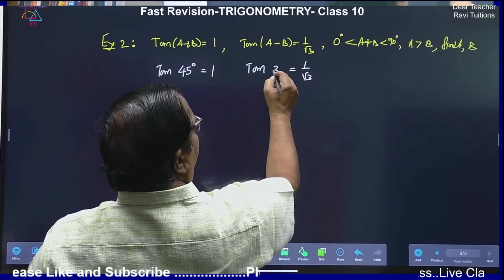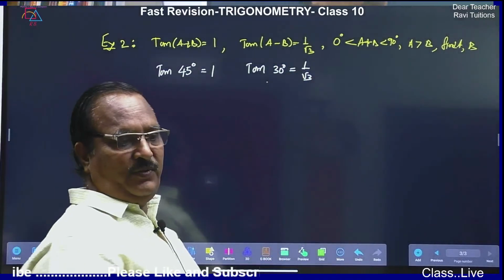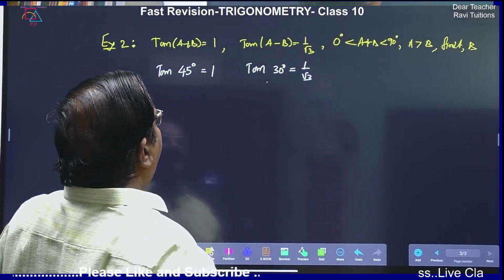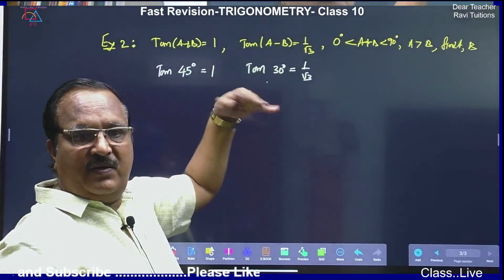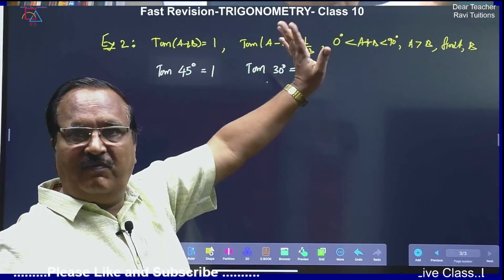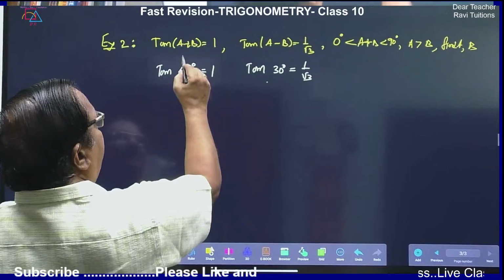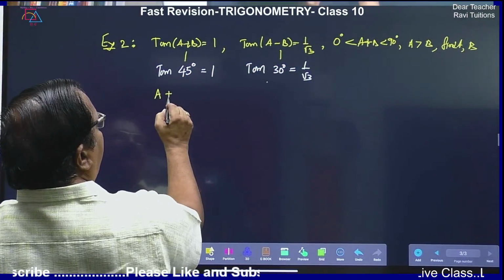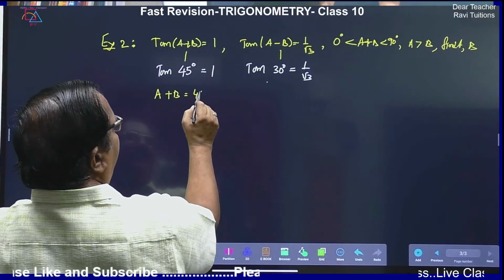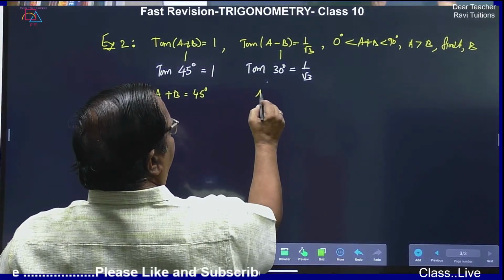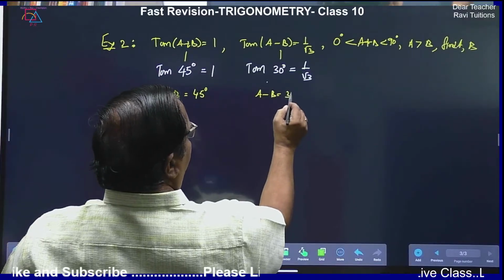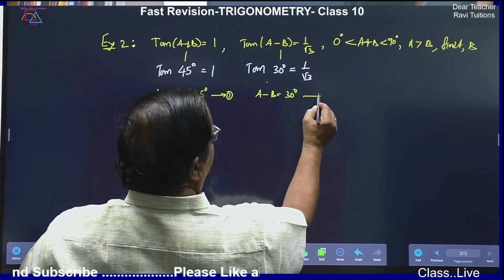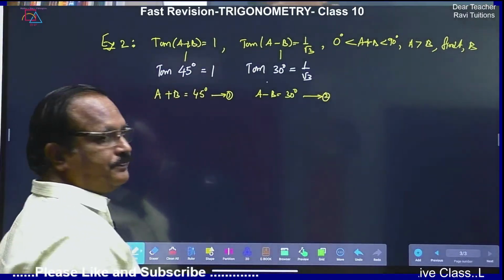So tan 30 is equal to 1 by root 3. Okay. So if you are writing these two things wrong, definitely the whole problem will be wrong. So then what happened? These two are equal and these two are equal. So A plus B is equal to 45 degrees and A minus B is equal to 30 degrees. Say this is first equation and this is a second equation.